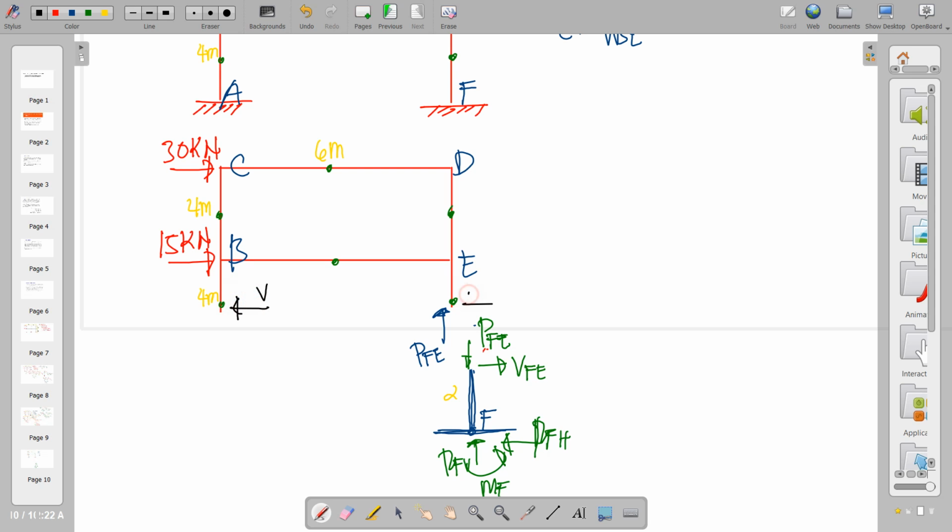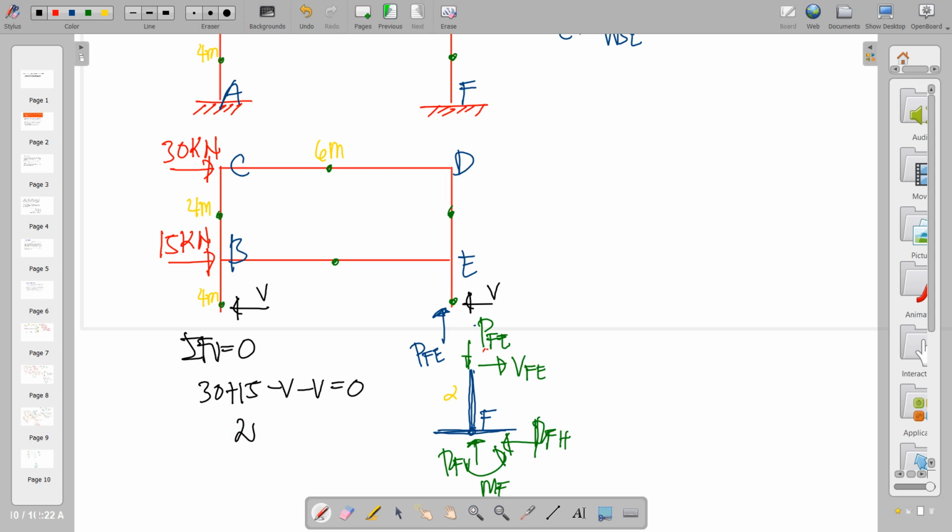There is no exterior column, so meaning this shall share all of these rightwards forces. So by summation forces vertical, we have 30 plus 15 minus V minus V is equal to 0.